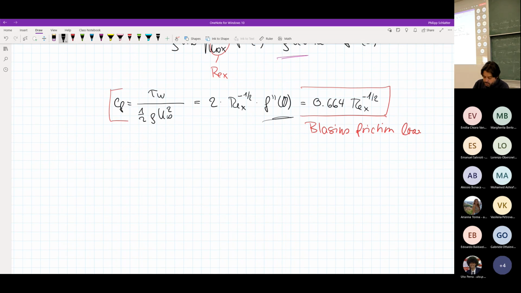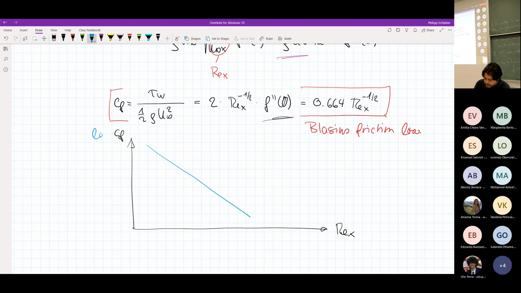And of course, why is this so important? Well, because now we can really plot this. So we can plot CF as a function of Reynolds x, and it will look something like this. If this is done in log, so it's a log-log plot, then this power law would become a straight line, and we know that the friction would then vary essentially along this line, Reynolds x to the power of -1/2.